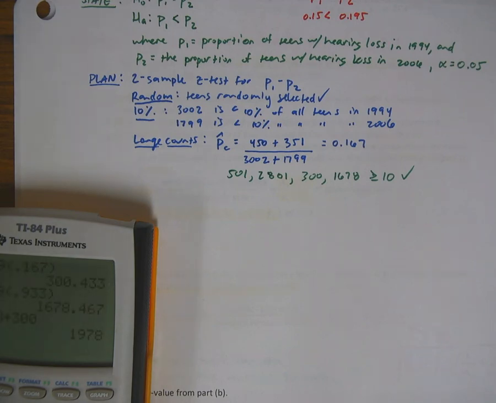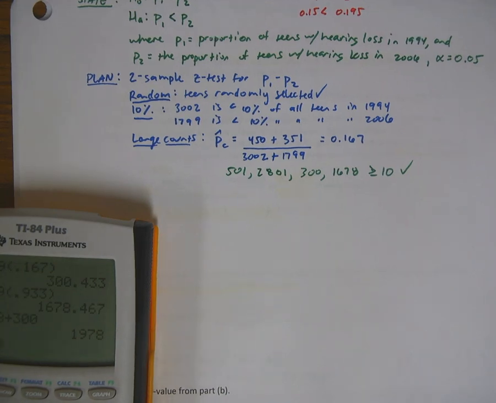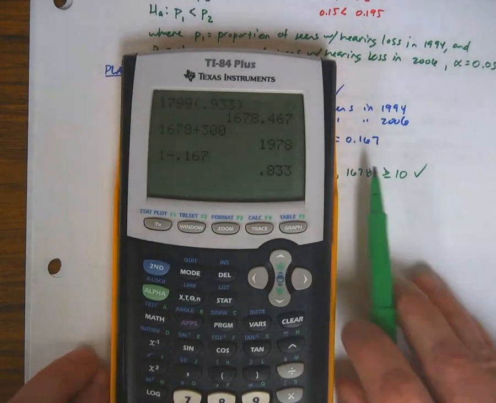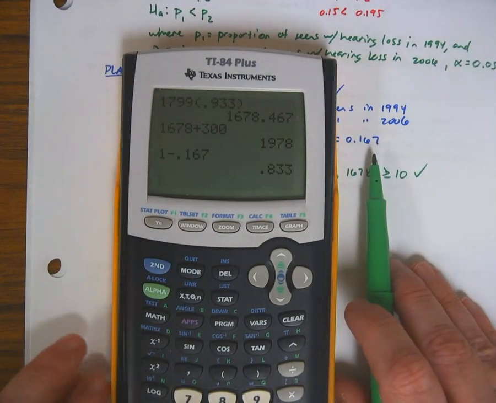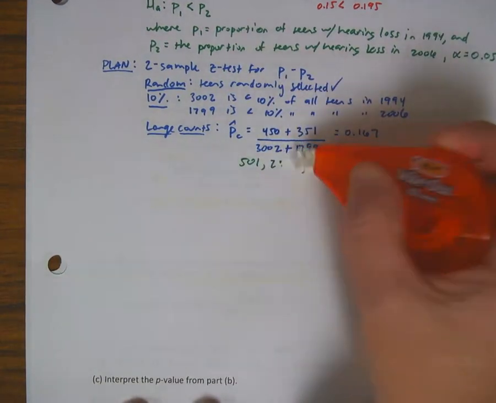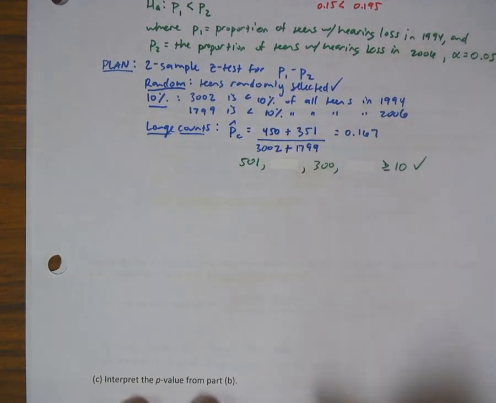Okay, I think I made a mistake. Hang on, because I'm getting something a little bit different. Oh, I'm silly. The complement of this is actually 0.833, not 0.933. So that number and that number are going to be different.